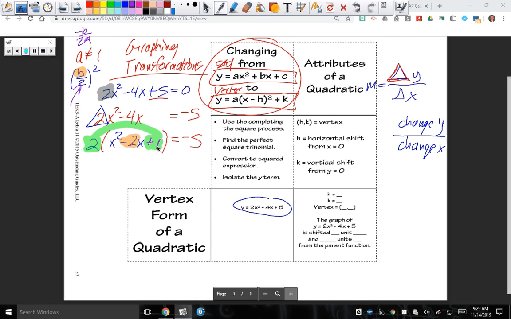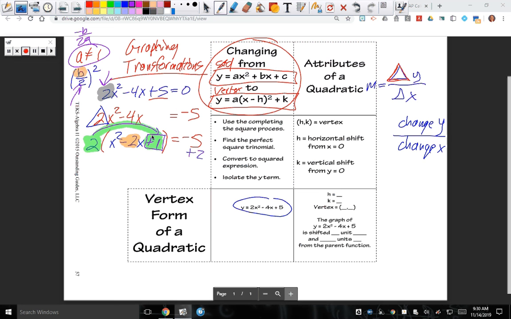So I'm going to put a little square there so that you know that was the completing the square piece. So 2 times 1, I'm really adding 2. See, the other one, it was exactly the same because a was 1. This one, a, was different to begin with. That's why we had to do this step right here.